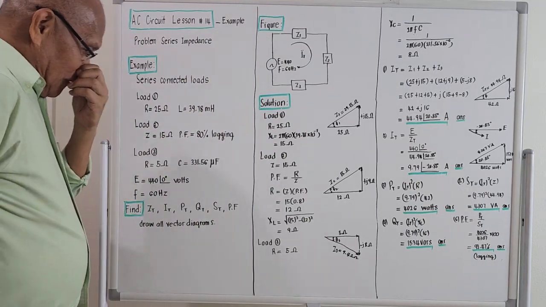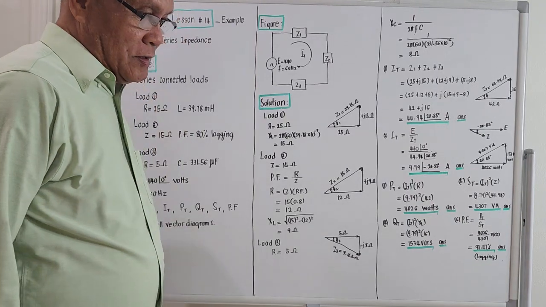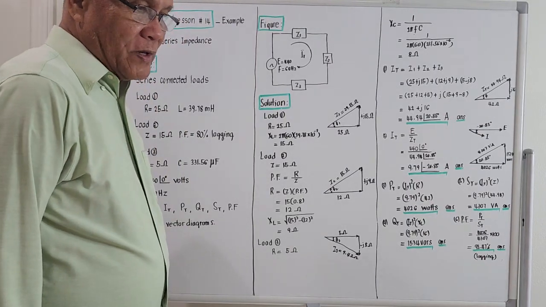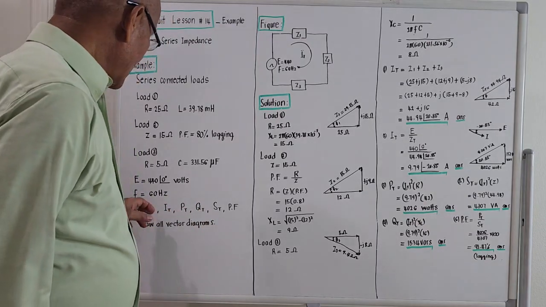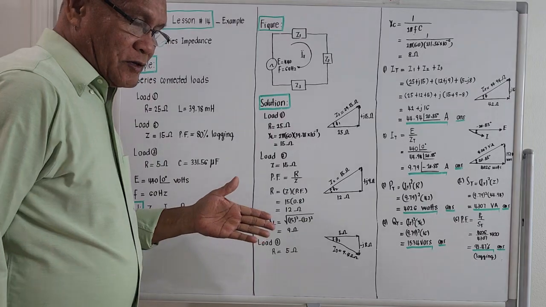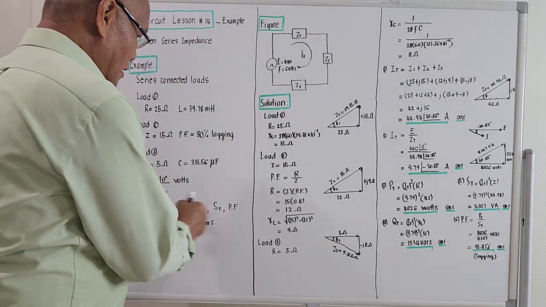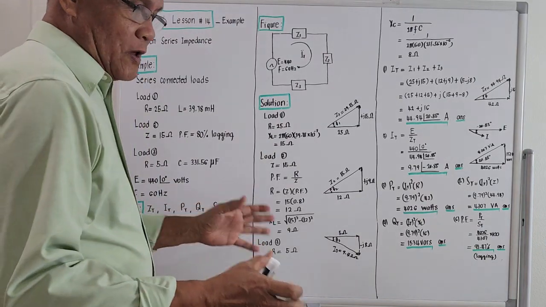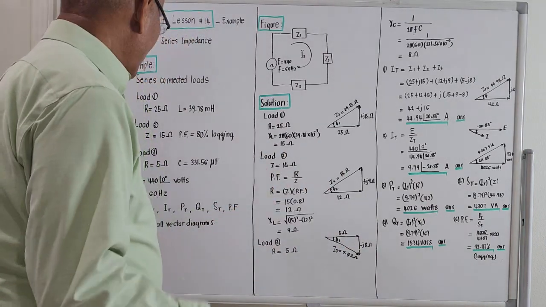Meaning, if the loads are still connected in series, we are asked so many things, like in this one here: 1, 2, 3, 4, 5, 6. It's a must for a design engineer to know these 6 things, and the proper solution is what we will do for this morning.